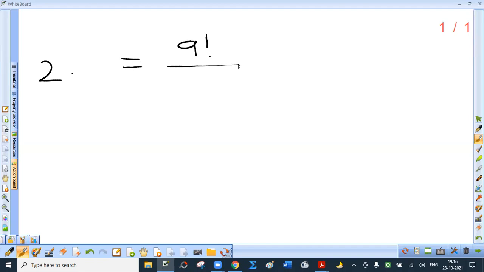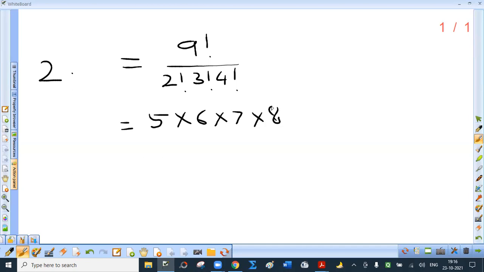Therefore, number of distinct arrangements equal to 9 factorial upon 2 factorial into 3 factorial into 4 factorial.